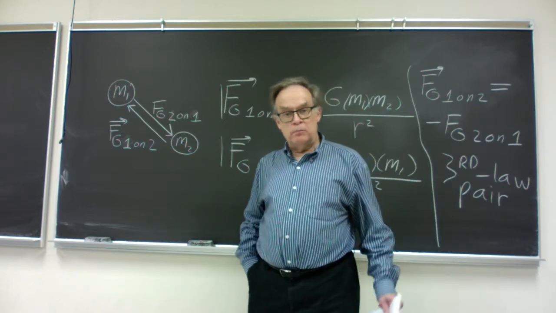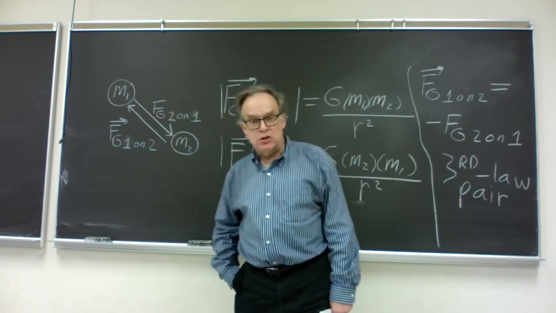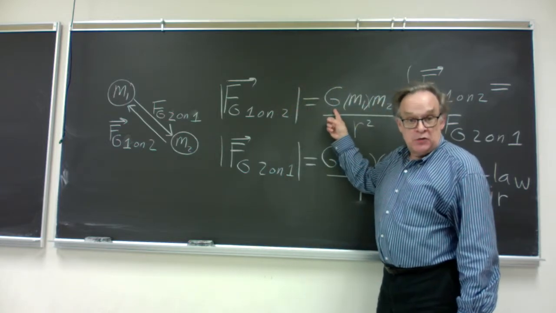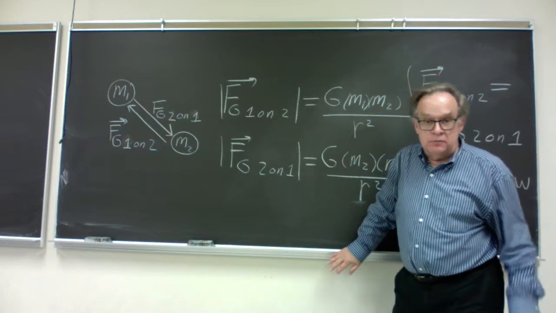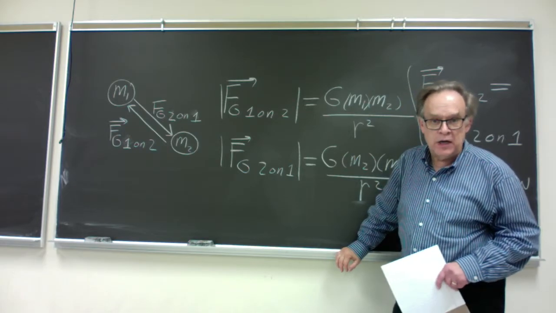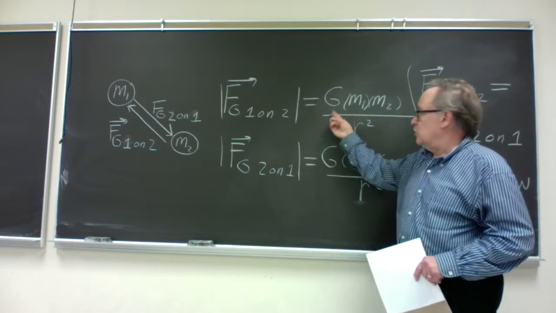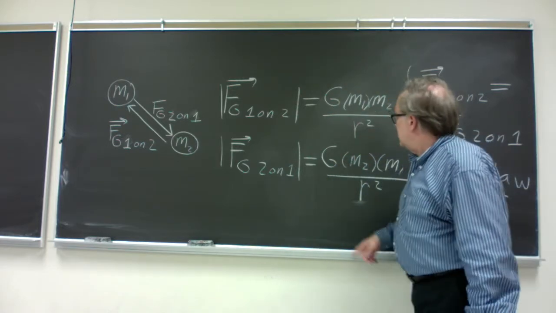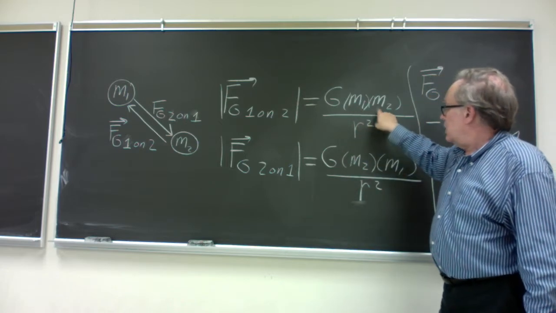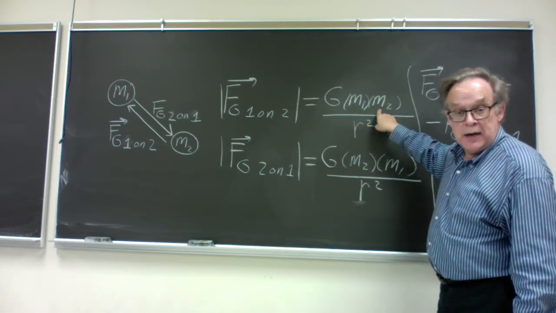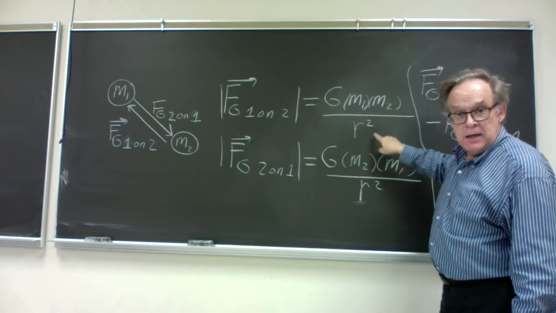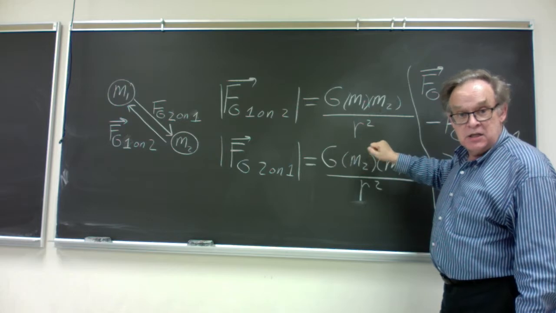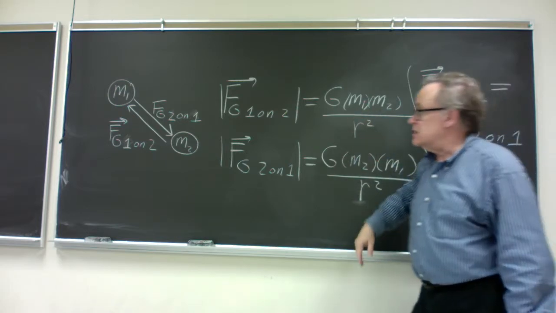What about the magnitude? We have a nice rule to tell us the magnitude of a gravitational force. There's this constant factor, capital G, you can look up. Don't confuse it with lowercase g, 9.8 meters per second per second. You can look up this number if you ever have to do any calculation. And then comes the product of the two interacting masses, and you divide all that by the square of the distance between the two masses.